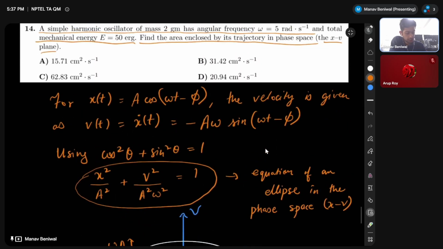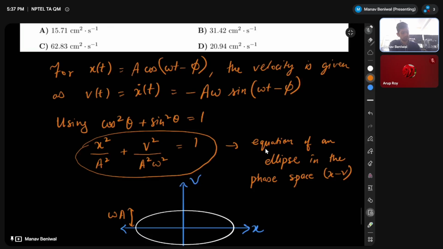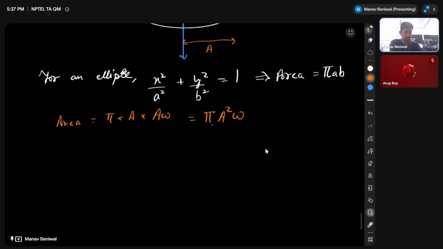But in the problem we are given omega, we are not given the amplitude. What we are given is the mass and energy of the particle. So we can write this area using energy and mass instead of amplitude.